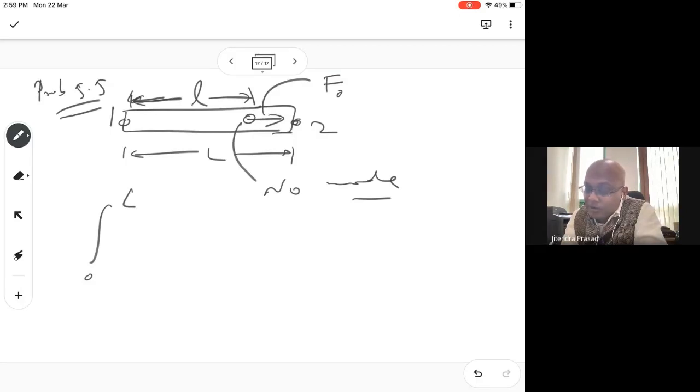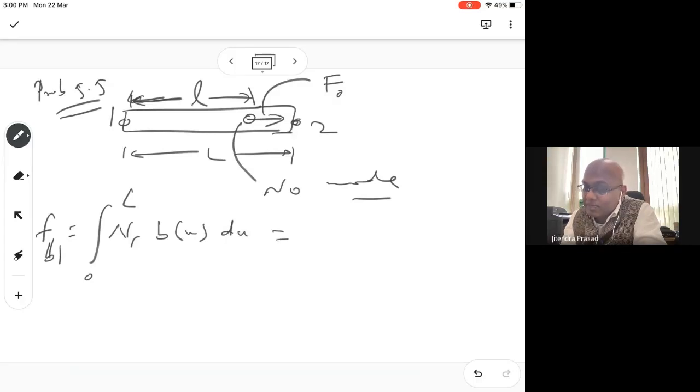So what we will do, let's find out F1, FB1, let's call it. What do you say? N1 multiplied by body force, right? And what is the body force? Typically you write body force as Bx and dx.